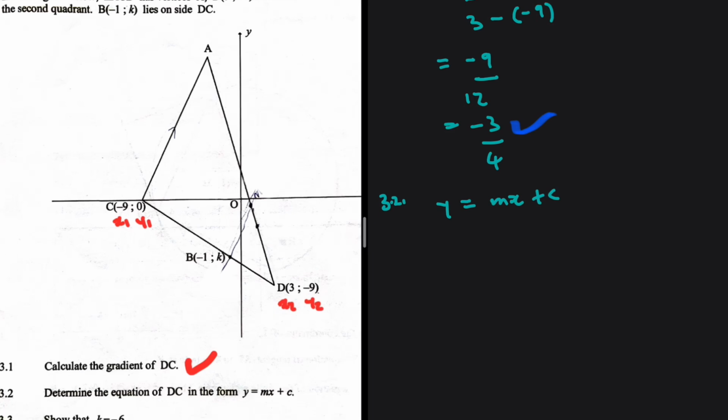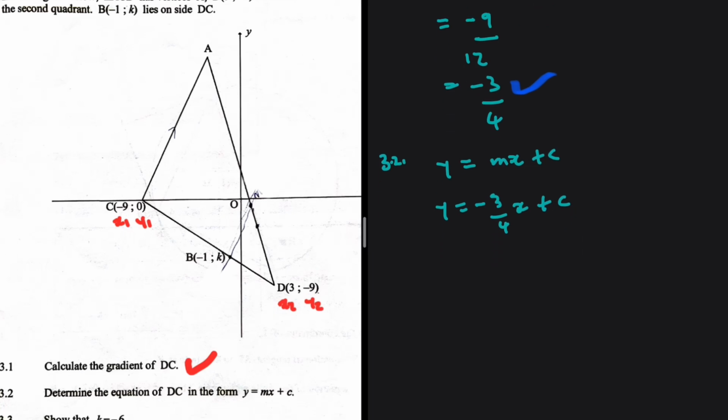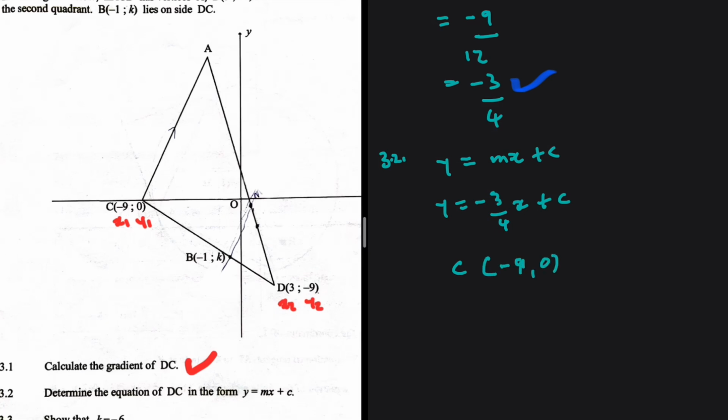3.2. So the gradient, we already know that it is minus 3 over 4 x plus c, right? And then we can substitute D, or we can substitute C, and then find c, I mean the constant, and we will have our equation. So I want to substitute C because I have 0 there and it is going to make my life simple. C has coordinates minus 9 and 0. So when we substitute it here, we're going to have the y value is 0, minus 3 over 4, x is minus 9, plus c.